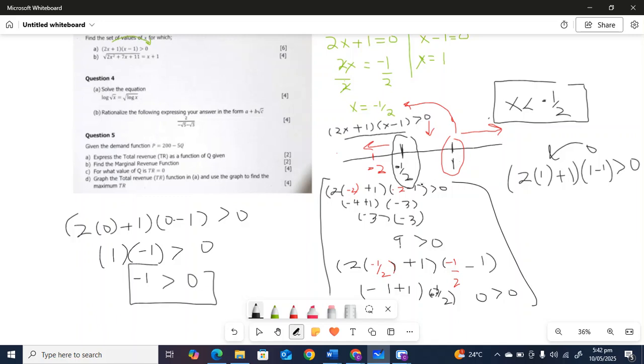So now you try, okay, let me try another number from this range. Let's try positive 2. So you substitute it back into the inequality. This 6 marks is not for nothing. It's because of this trial and error that you'll be going through.